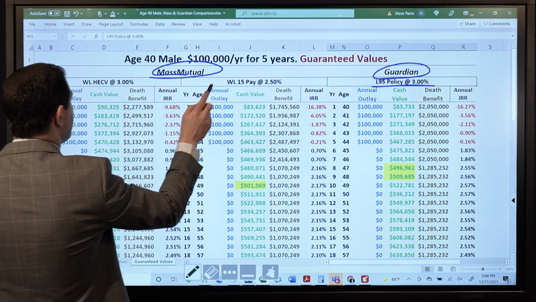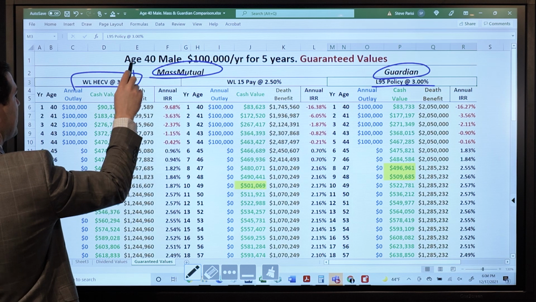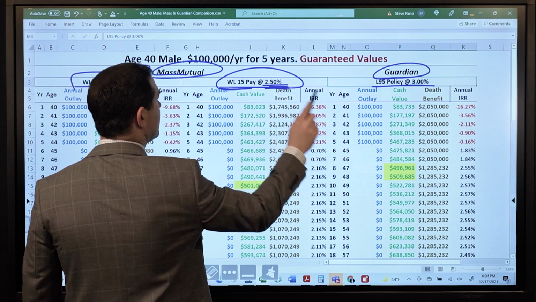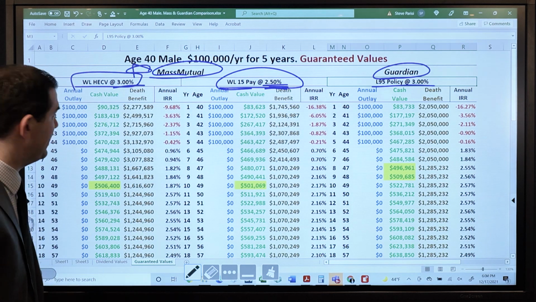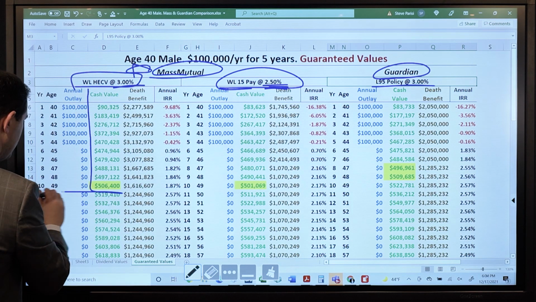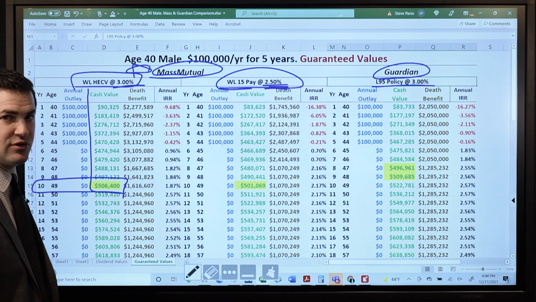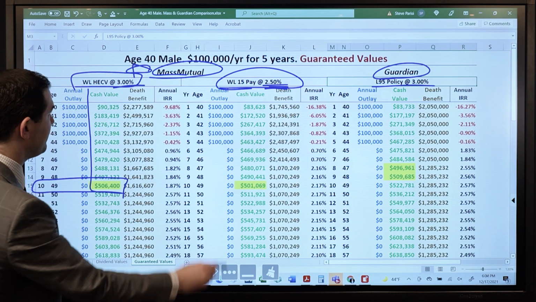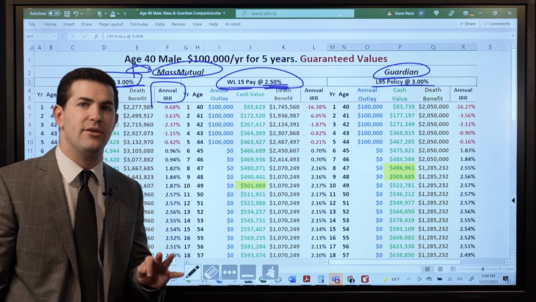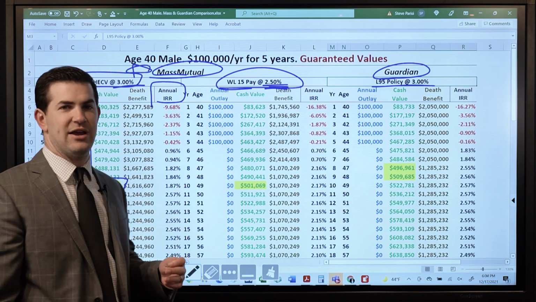Mass Mutual's high early cash value product has a guaranteed rate of 3%, and their 15-pay product has a guaranteed rate of 2.5%. As we look at this one, 100 for 5 years, breaking even between years 9 and 10. Annual IRR, you have a guaranteed rate of 3%, which might not sound attractive to anyone.